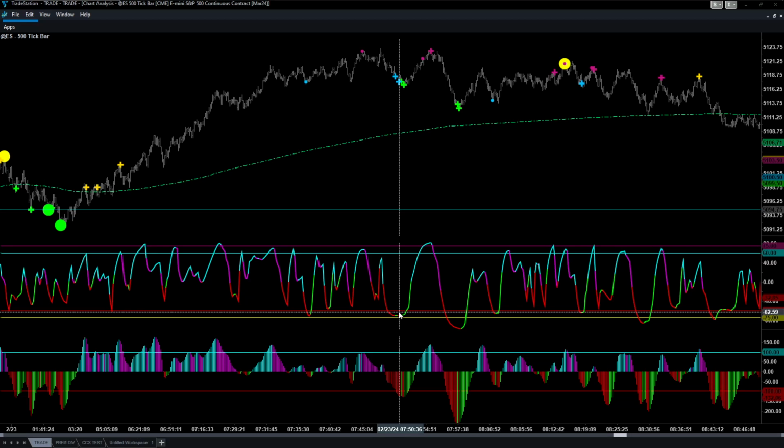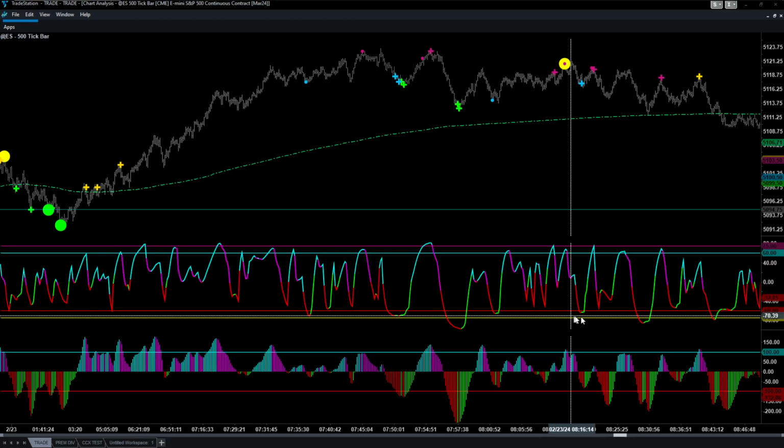Then we breach it again over here. That's why we have the cyan colored dot on the ES. We're breaching the lower threshold. And then the signal shows up at a higher low here, but a lower low on the RSX. That's why we have the signal.